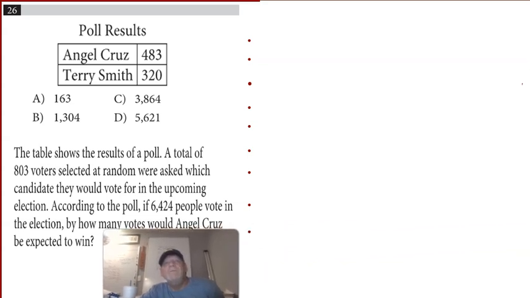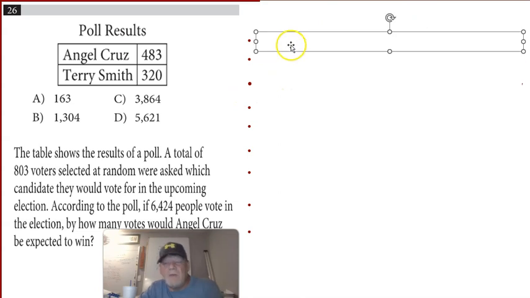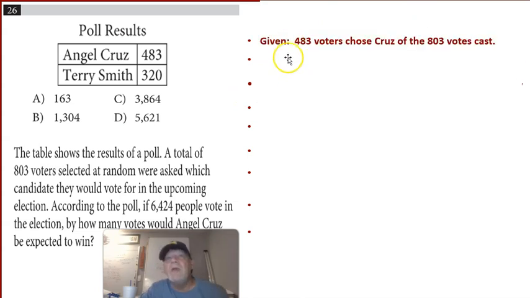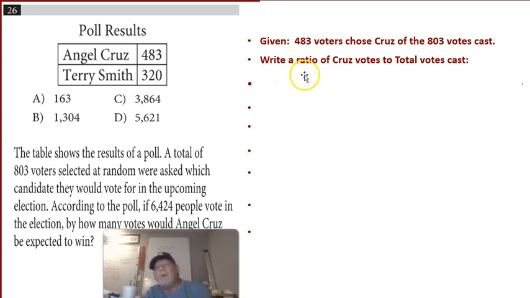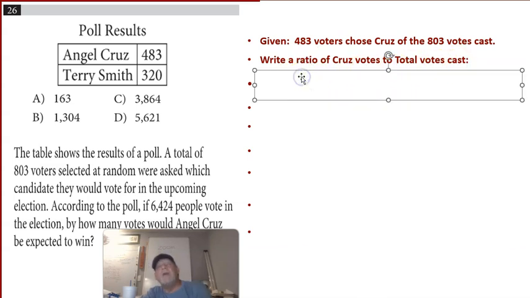So let's just, first of all, talk about the information that we know. We're given that 483 of the voters chose Cruz of the 803 that were cast based on this poll. Then we're going to write a ratio of Cruz votes to total votes cast, which will create a proportion.